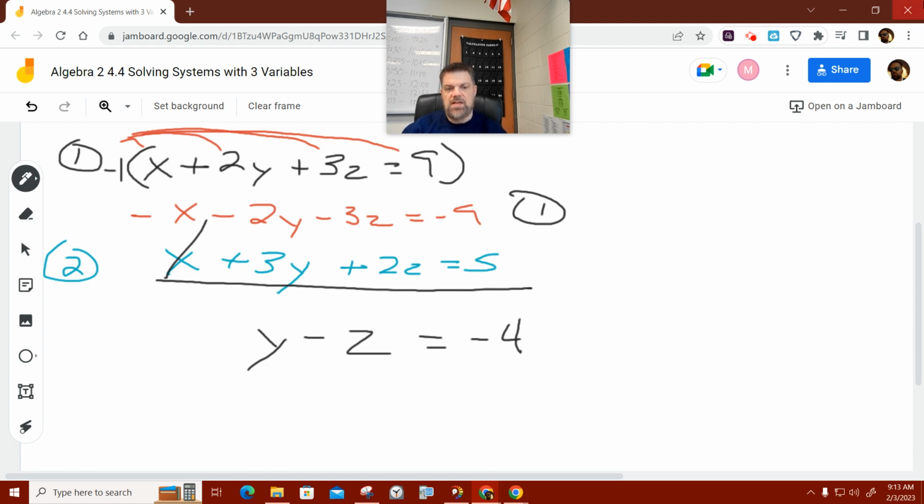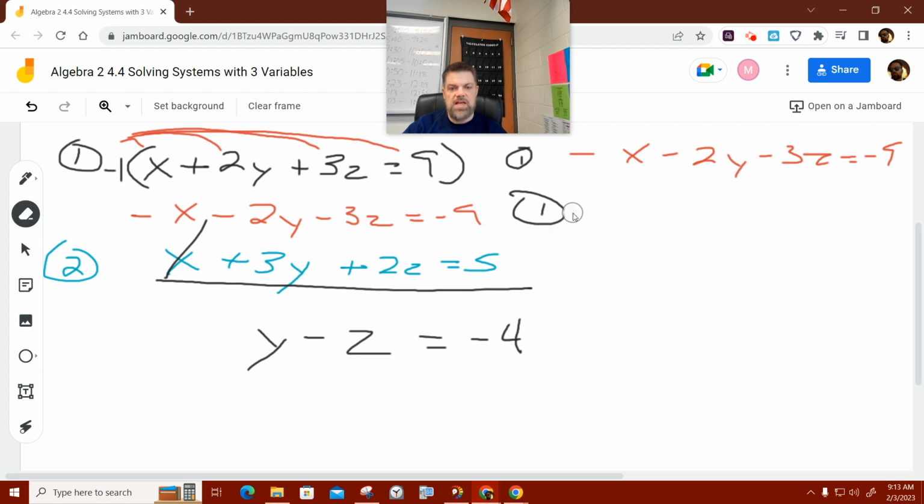All right. Now over here, I'm going to do equation 1 again, but I'm going to do this one in red, and I'm going to say negative x minus 2y minus 3z is equal to -9.